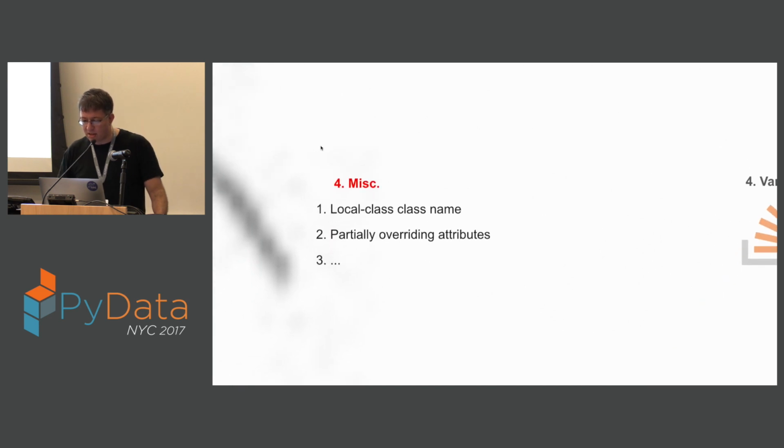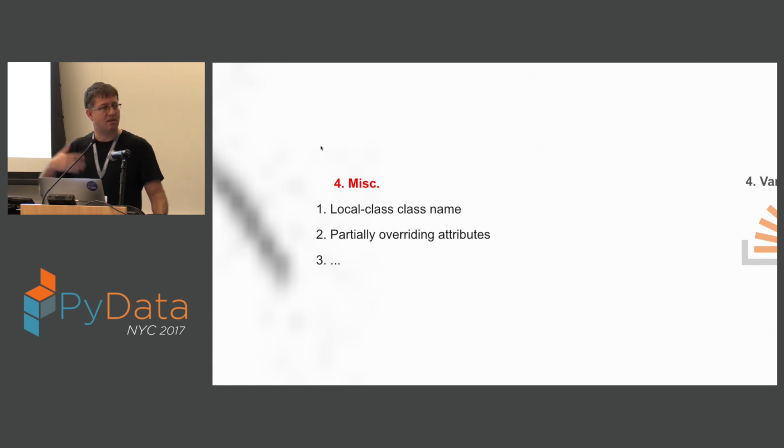There are a few other problems. For example, the names of classes defined inside functions are pretty ugly. If in the interpreter you try to ask what the name is, you get a gibberish string. And there's also a problem in partially overriding attributes. If you call some of the estimators, then some of their attributes are needed inside in order to function well, and Scikit-Learn expects these attributes to be in the form of numpy arrays.